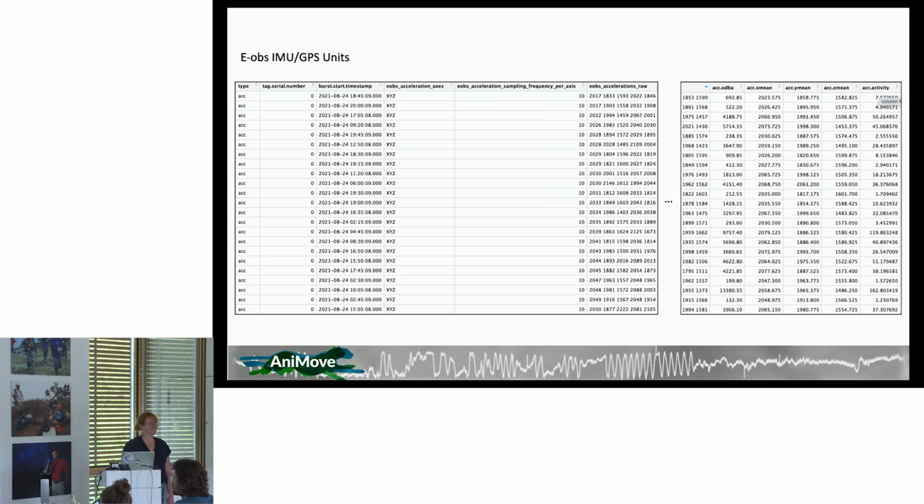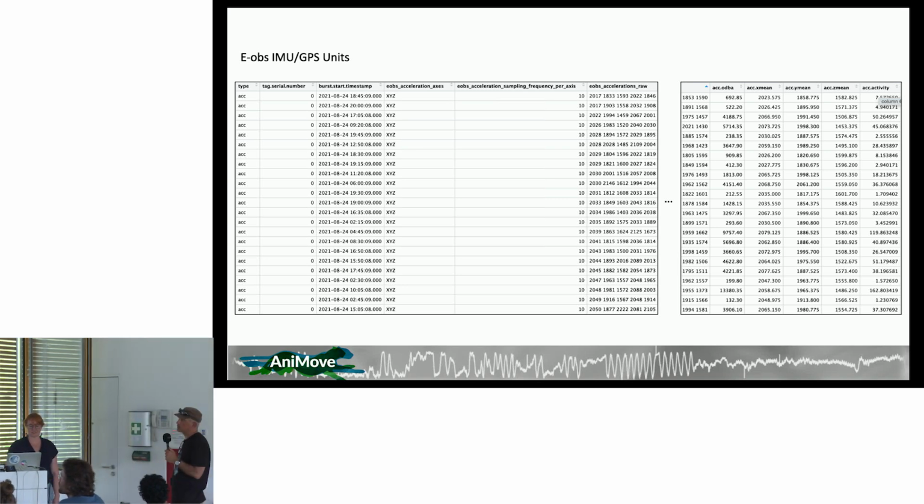The reason why it's stored like this is because Movebank stores it in one variable. Because of the definition, we don't know how many sensors there are. This is acceleration, and therefore you don't know whether it's 1 axis, 2 axis, or 3 axis acceleration, because you can also choose not to collect all 3 axes, and at which frequency, and so on.